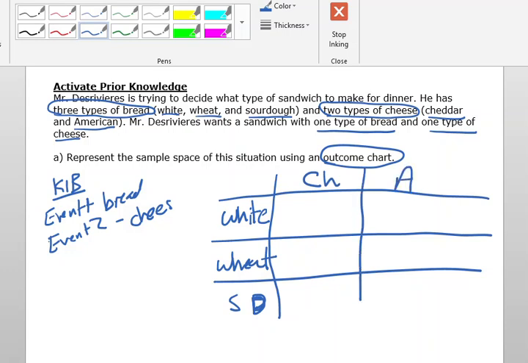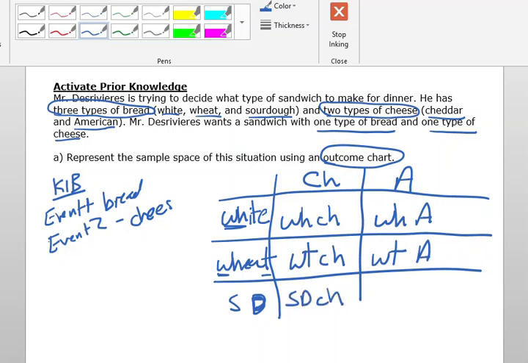Okay, so we're going to say white is WH and wheat is WT. So I could have white bread with cheddar, white bread with American, wheat bread with cheddar, wheat bread with American, or sourdough bread with cheddar, sourdough bread with American.